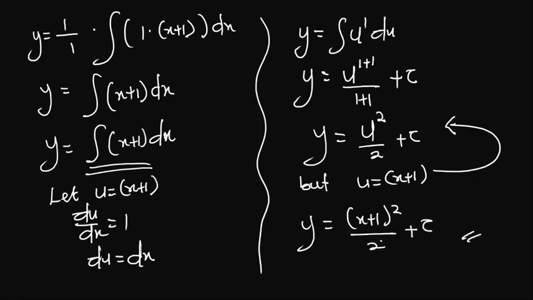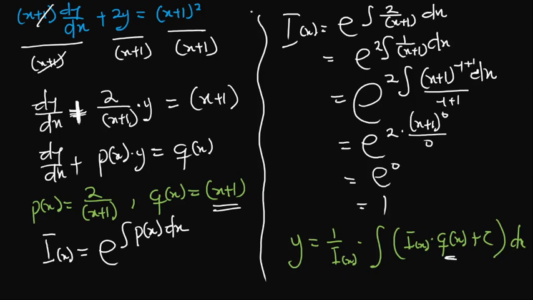So this is our answer, or someone may like to put it this way: y is equal to 1 on 2 times (x plus 1) all squared plus c. So this is our answer for solving the differential equation over here.